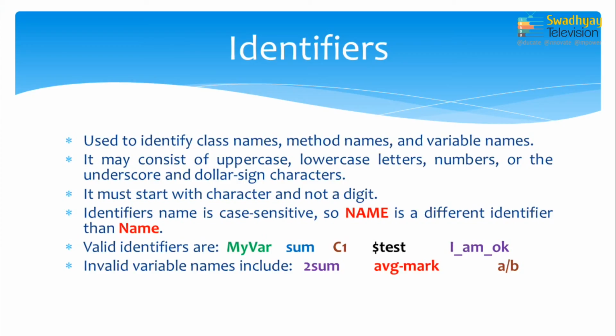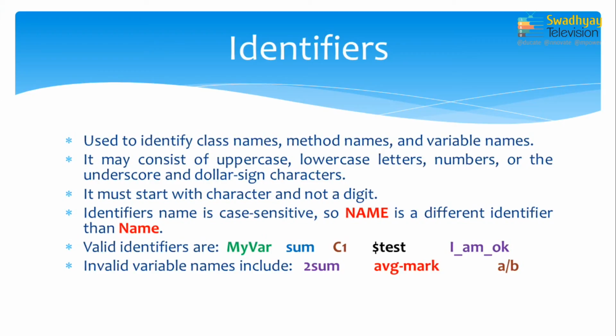All these can be considered valid identifiers, because they consist of uppercase and lowercase characters or numbers or dollar or underscore and nothing else, they are not reserved words, and they do not start with a digit.